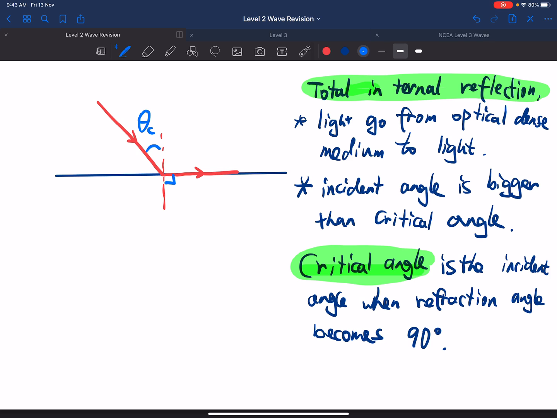Normally the critical angle we're talking about is coming from glass to air, right? So let me call this N1, this is N2. I have to remember this diagram, okay? I don't force myself to remember other things. N1 sine critical angle will equal N2 sine 90 degrees.